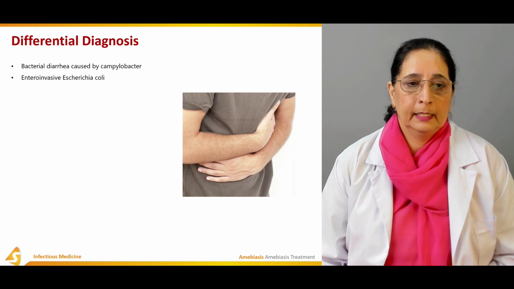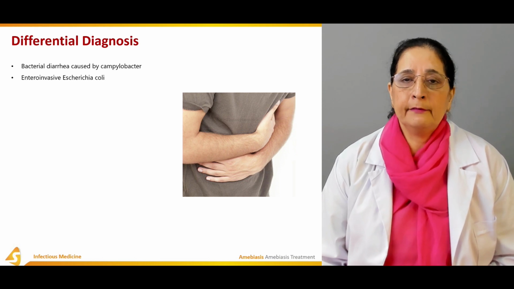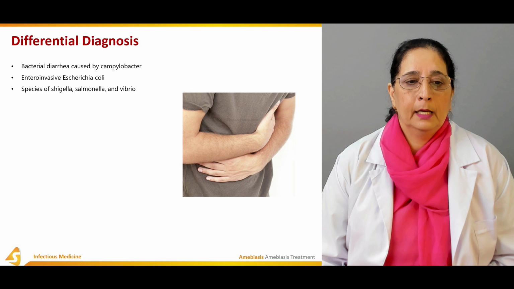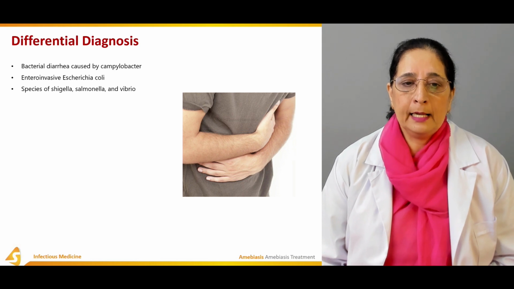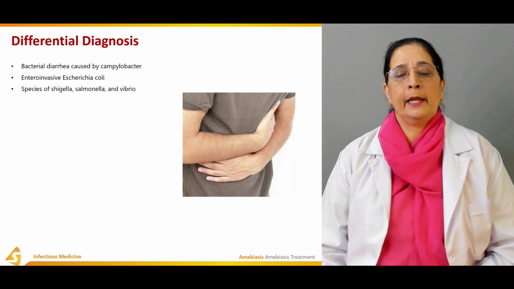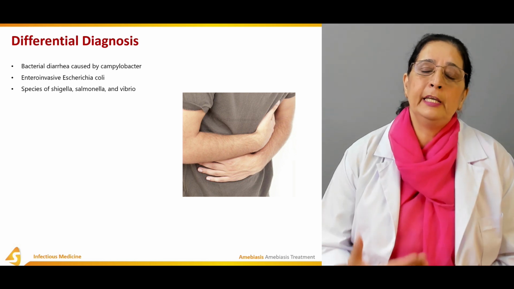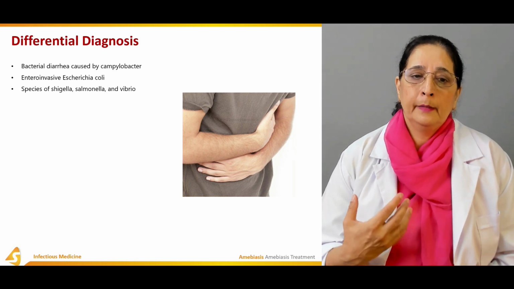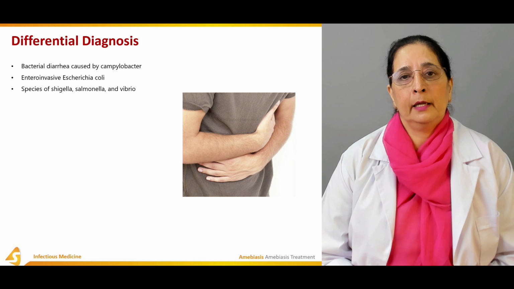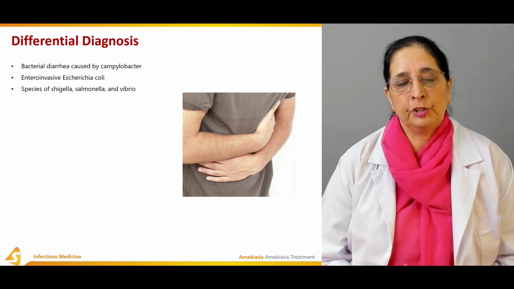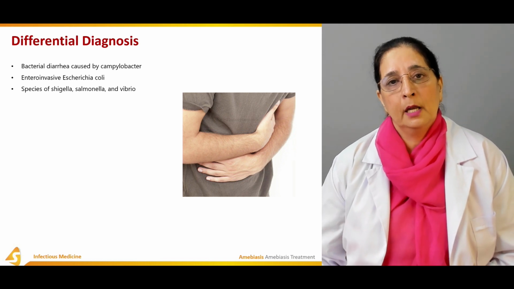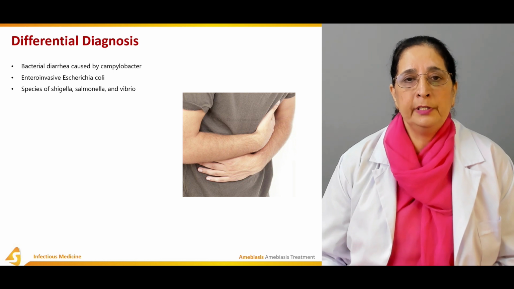The differential diagnosis of amebiasis is bacterial diarrhea caused by Campylobacter, enteroinvasive E. coli, species of Shigella, Salmonella, and Vibrio. All these are very common organisms that cause intestinal infection like Entamoeba histolytica and need to be differentiated.